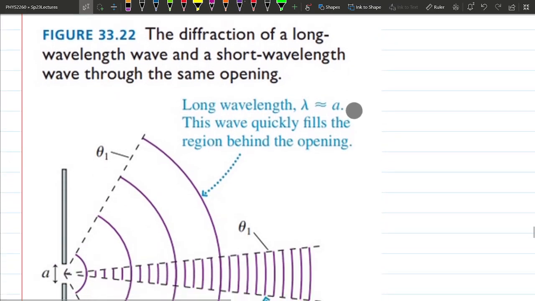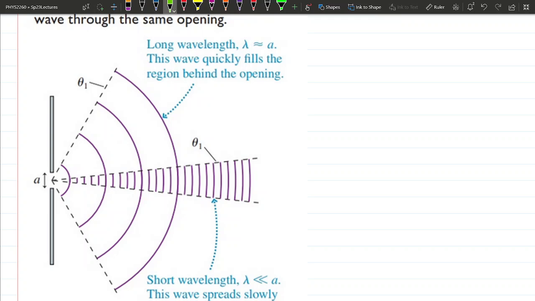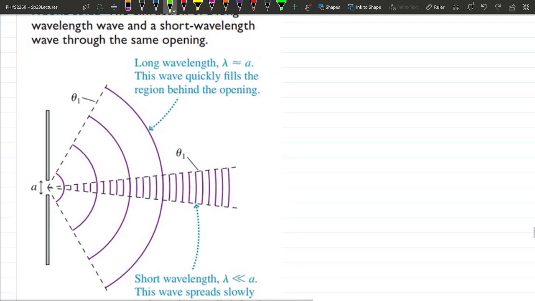Let's look at this picture here, where we have a single slit, and the waves are coming out of the single slit. Let's say this one particular wavelength has some opening of theta 1. Another wavelength happens to have a much wider opening.